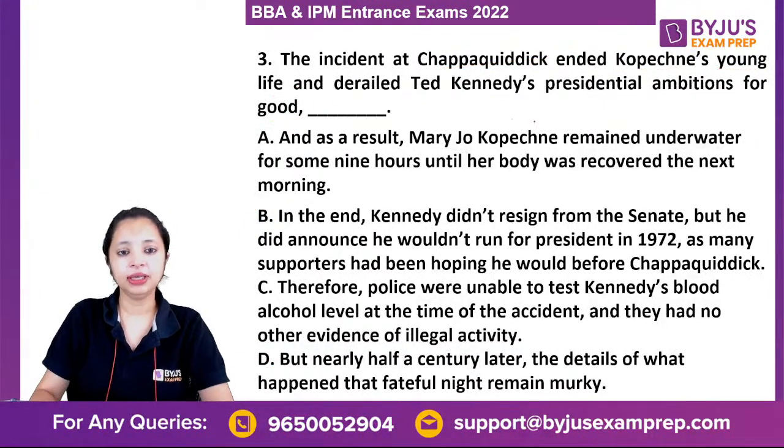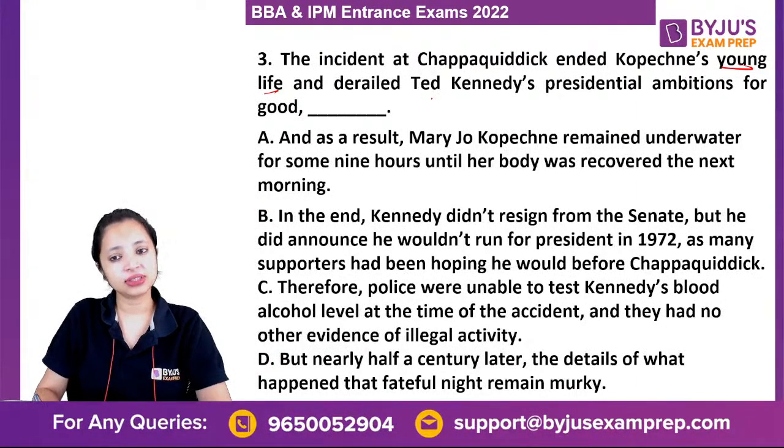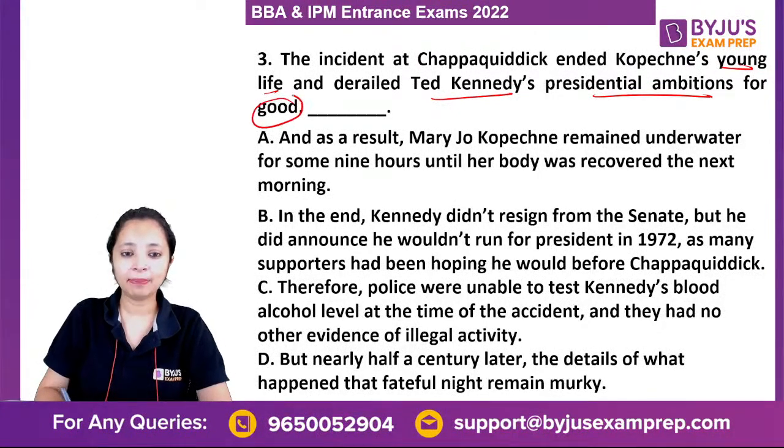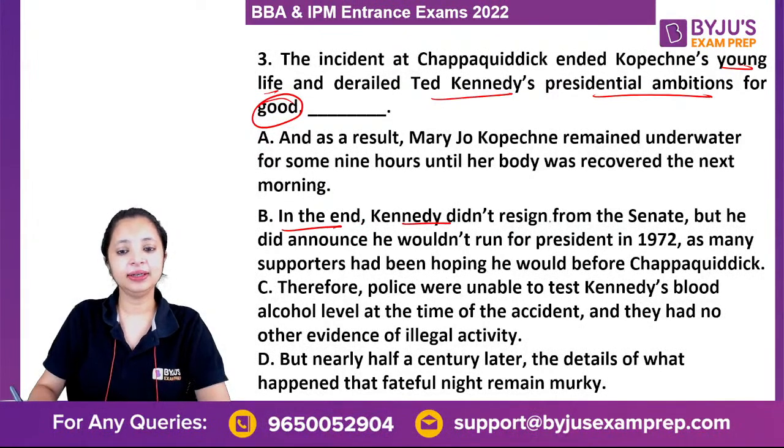Okay. That means somebody died and somebody's presidential ambition ended. But all that happened for good. In the end, Kennedy didn't resign from the Senate, but he did announce he would run for the president in 1972, as many supporters had been hoping he would.